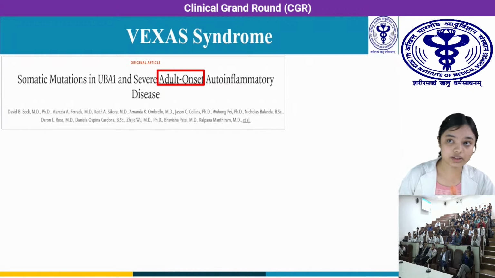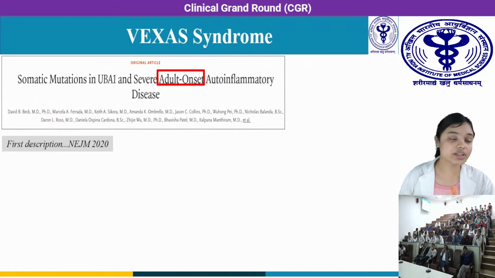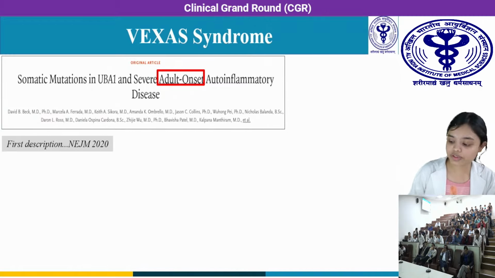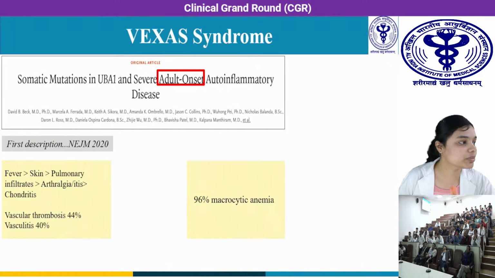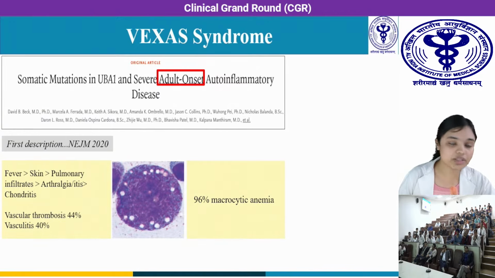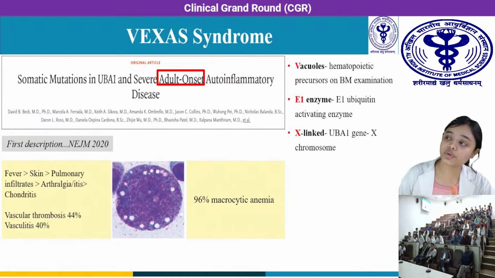This was very recently described in the year 2020 by Beck et al. using a genotype-driven approach. The majority of these patients were found to have inflammatory symptoms and hematological abnormalities like macrocytic anemia, and 100% of these patients had vacuolations in the myeloid or the erythroid precursors, and hence they named it VEXAS syndrome, where V stands for vacuoles as described.